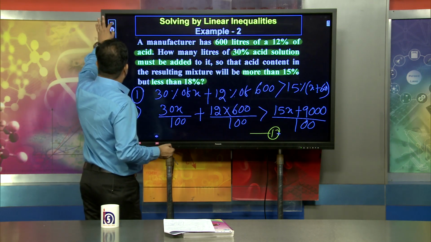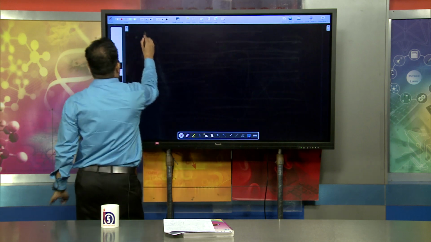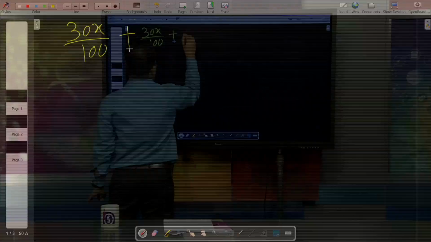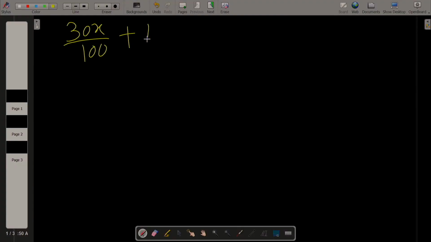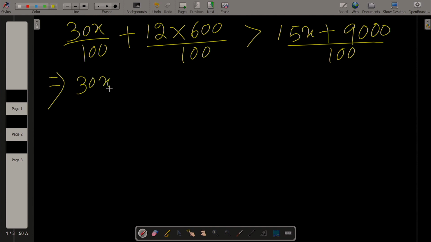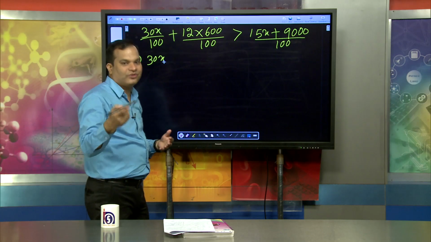Suppose we have already got 30x/100 plus 12 into 600/100 greater than 15x plus 9000/100. When we solve this, we have to remove 100 in all the cases. That part we already know the techniques to solve.